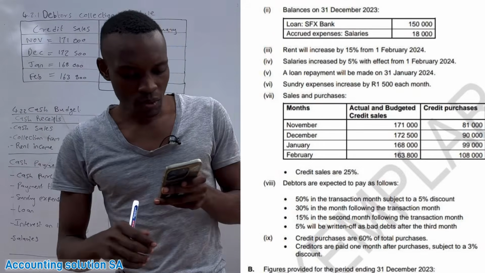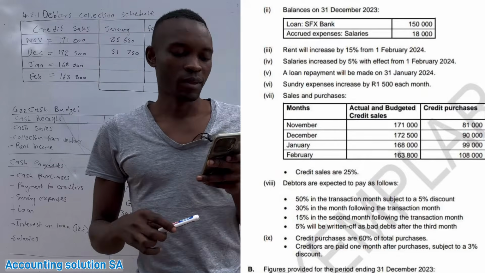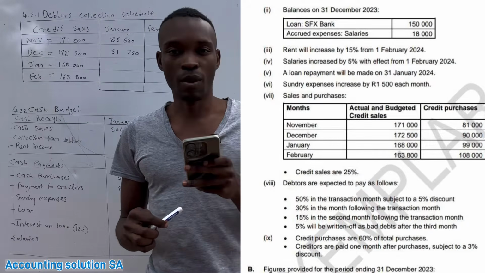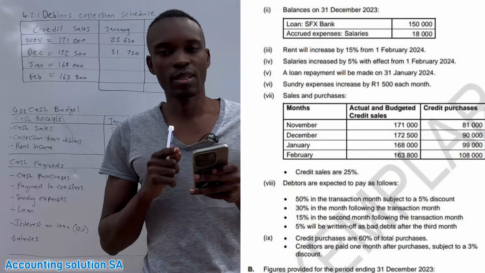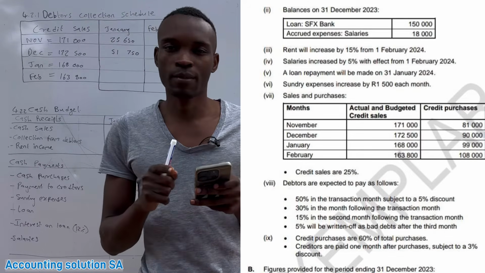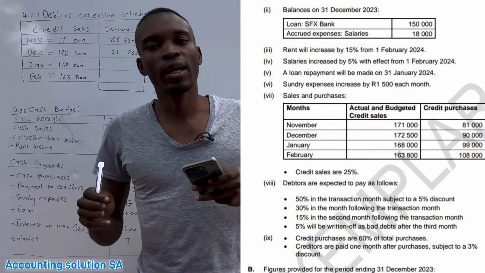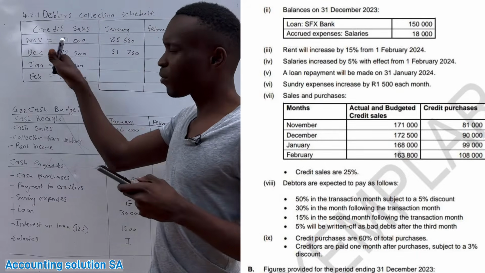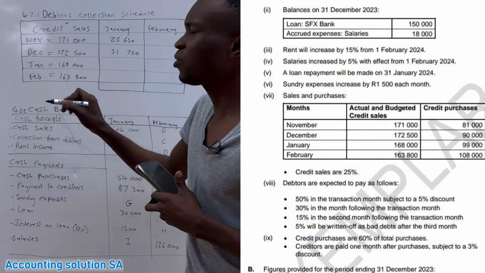Now let's read. They said the actual and the budgeted credit sales, and they give us the amounts. In this case, they give us credit sales, not total sales. If they give you total sales, you must first calculate credit sales, because what we put here is called credit sales, not total sales.